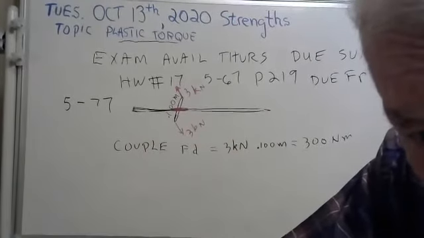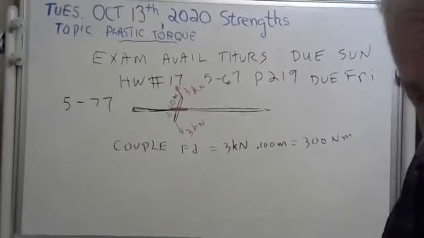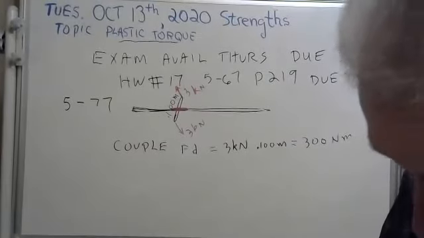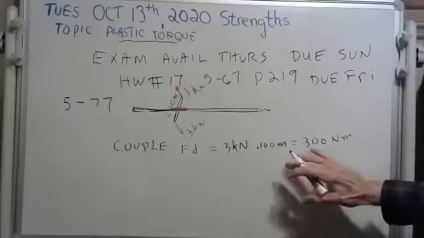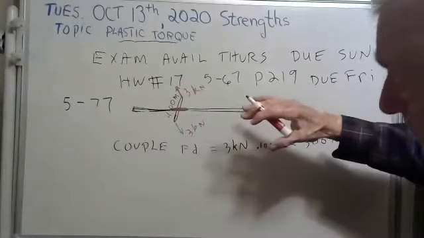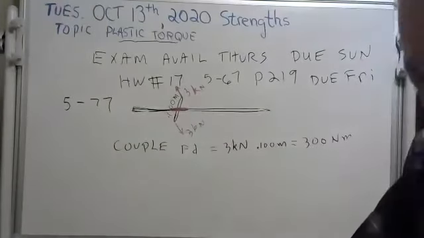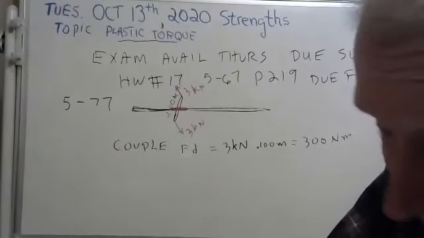Let me pick on somebody here. Darren, unmute and say hello, please. Hello. Darren, this 300 Newton meter couple, I need to put a double arrowhead. Do I want to go left or right? Darren, you got a 50-50 chance of getting this right. To the left.